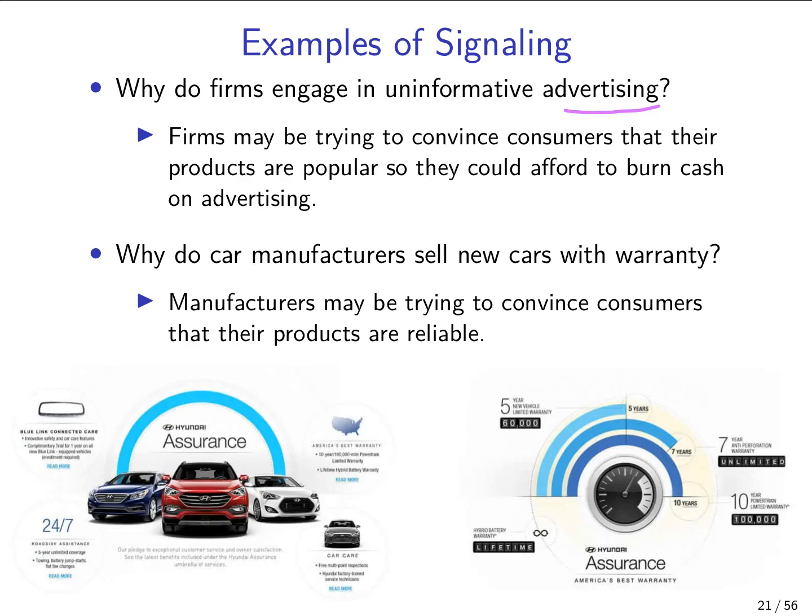And a firm might have an incentive to advertise that information, so those are informative advertisements. But there's a lot of uninformative advertising, where it just shows some celebrity holding the product and enjoying it. It's not informative at all in terms of what a consumer might be looking for.